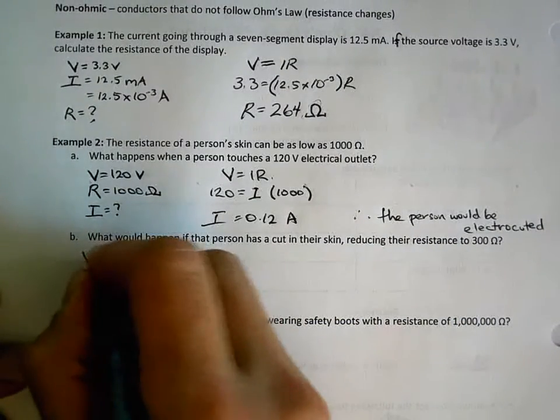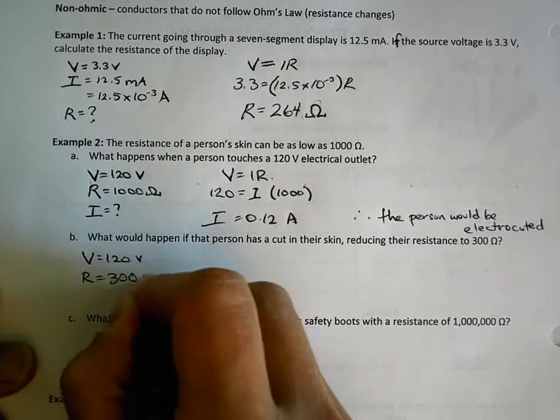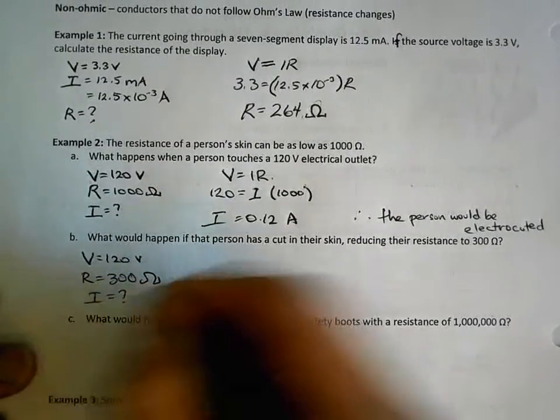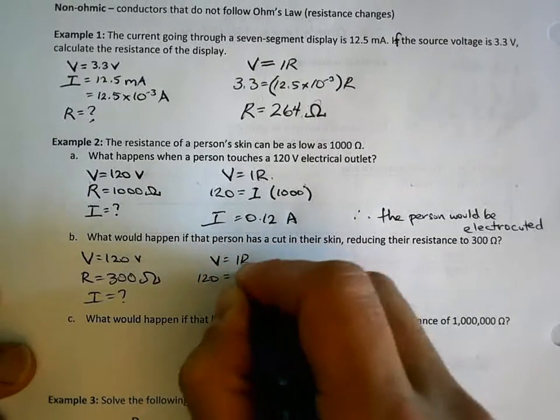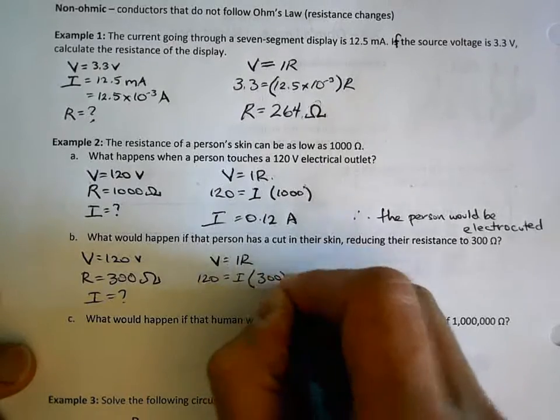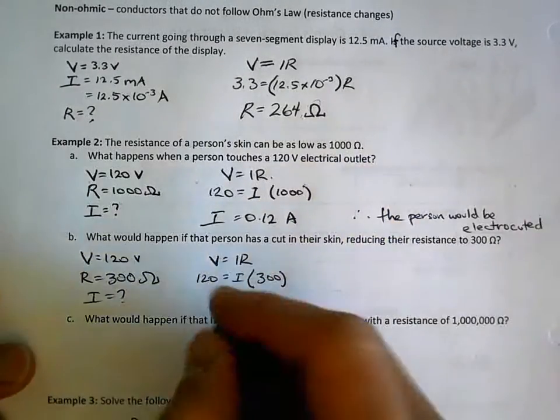The voltage is 120 volts. The resistance has gone down to 300. What happens to the current? Let's use V equals IR. Sub in our values: 120 is equal to I times 300. I divide both sides by 300 and I get 0.4.